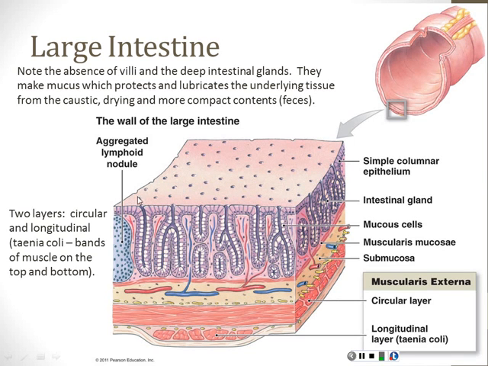The stomach had sort of a thick mucosa with all these little grooves and pits, and so does the large intestine. So we have these intestinal glands. They do secrete mucus, which covers this surface, and helps to protect the underlying tissues from damage, right? So we have our same layers. We have the mucosal layer, submucosa, and then the muscularis externa.